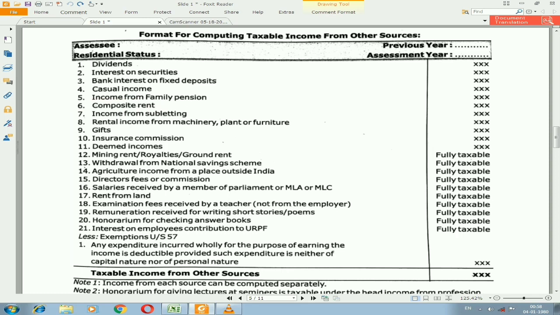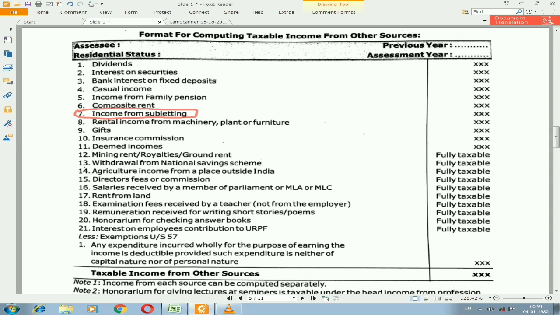Next one, we have income from subletting. That is, if an assessee is staying in a rented house and is paying rent, and he gives one portion, or it may be two portions, of that rented house to someone else for rent, he will get some income.